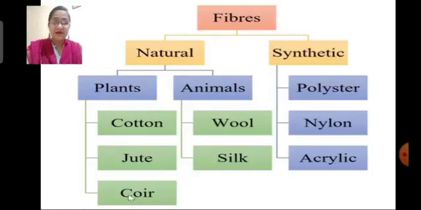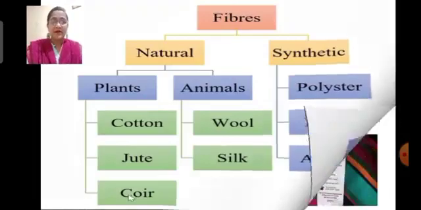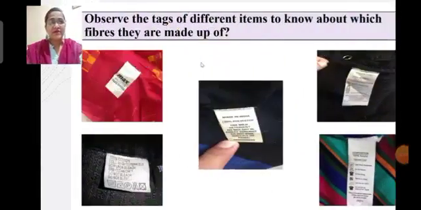Then from animals we get wool and silk. Examples of synthetic fibers are polyester, nylon and acrylic. In this session we will discuss these sources of fibers in detail. So let's begin with that.